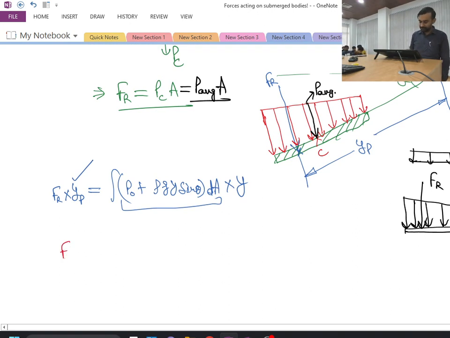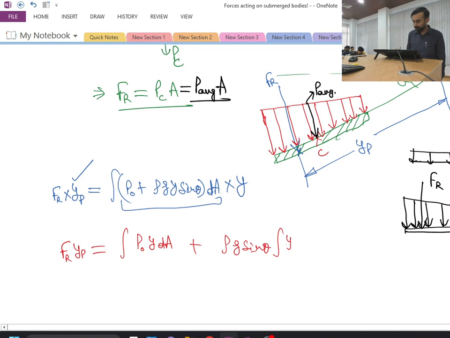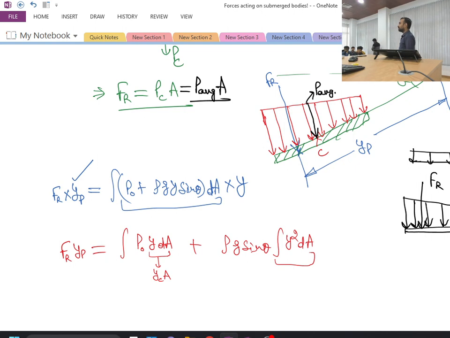So what I will be finding is that Fr into yp is equal to the integral of P naught into y dA plus rho g sin theta into the integral of y square dA. Fine. So if you see the first term over here, integral y dA, that will once again become yc into A. What about y square dA?